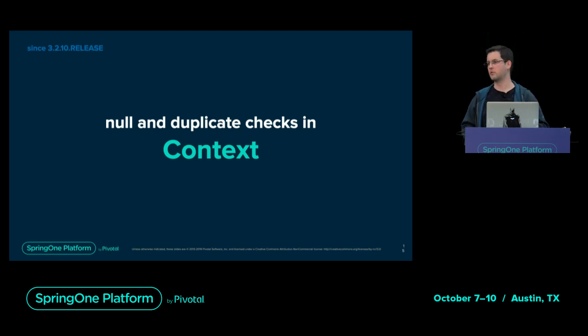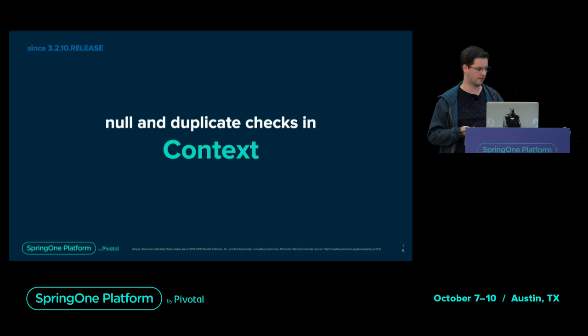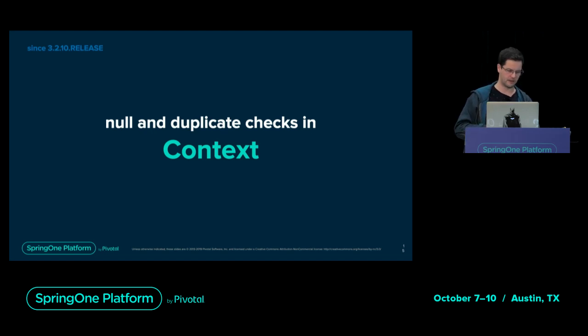The context was supposed to be immutable and was supposed to hold no duplicate and no null, except it didn't really check for nulls. So now it does, and it also checks for duplicate keys that you could get in some corner cases. And we've eliminated these corner cases.